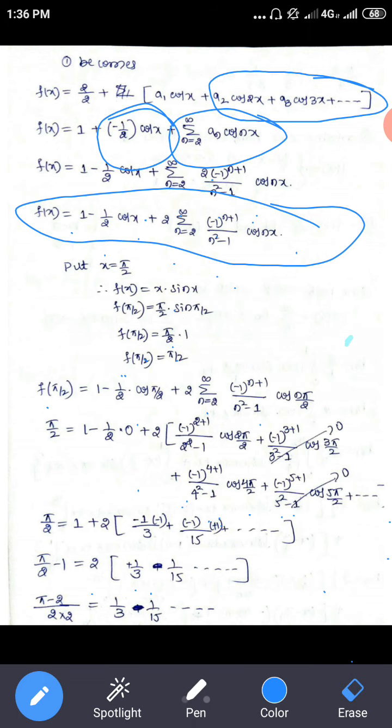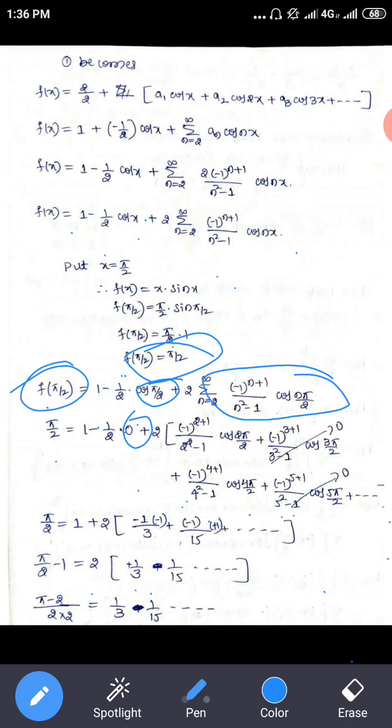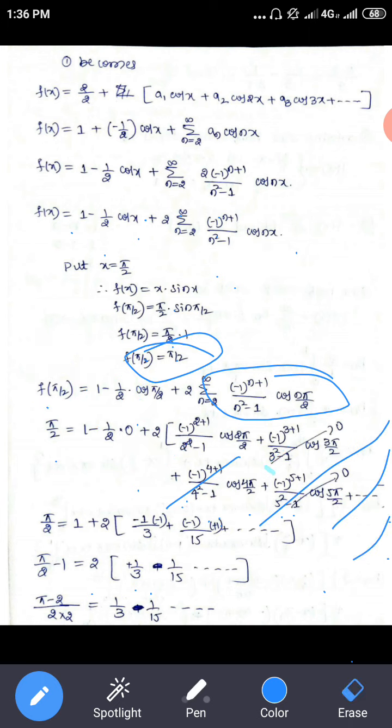So next, everyone can see here, f of pi by 2 is pi by 2. 1 minus 1 by 2 cos pi by 2 is 0. So here you allow n equal to 2, 3, 4 and so on: n equal to 2 this term, n equal to 3 this term, n equal to 4 this term, n equal to 5, 6, 7, and so on.